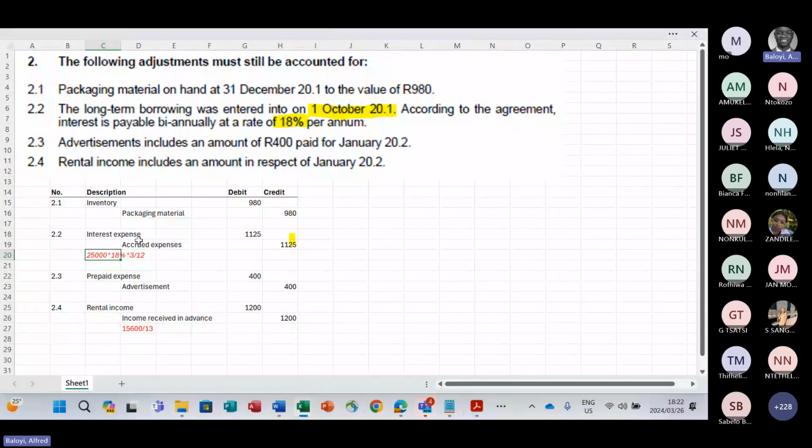There could be half a mark just for the correct debit or credit, and other marks for calculations. It will depend on the assessment. But it's very important to understand what you are doing to get the full mark. Debit it correctly, credit it correctly, and calculate the correct amount. Include the calculation as well. You must reference it correctly.